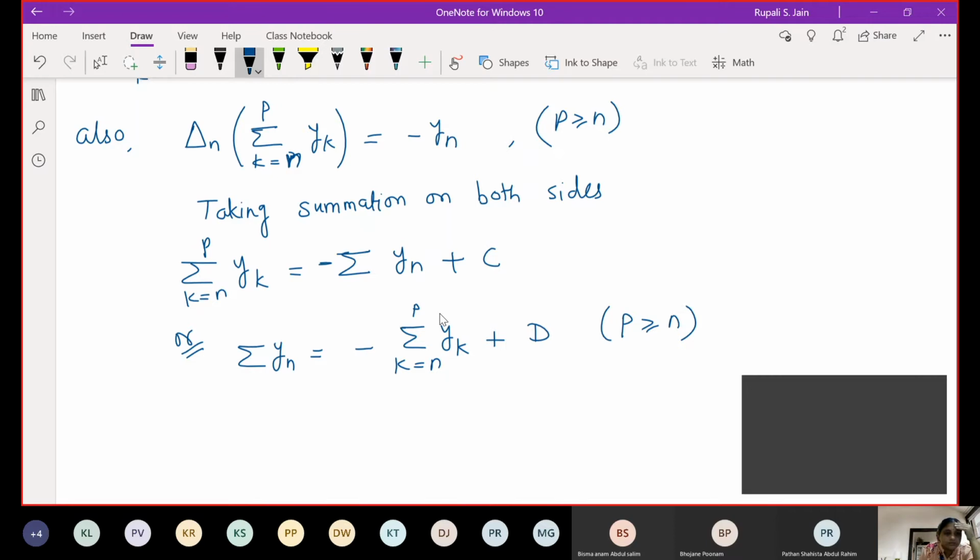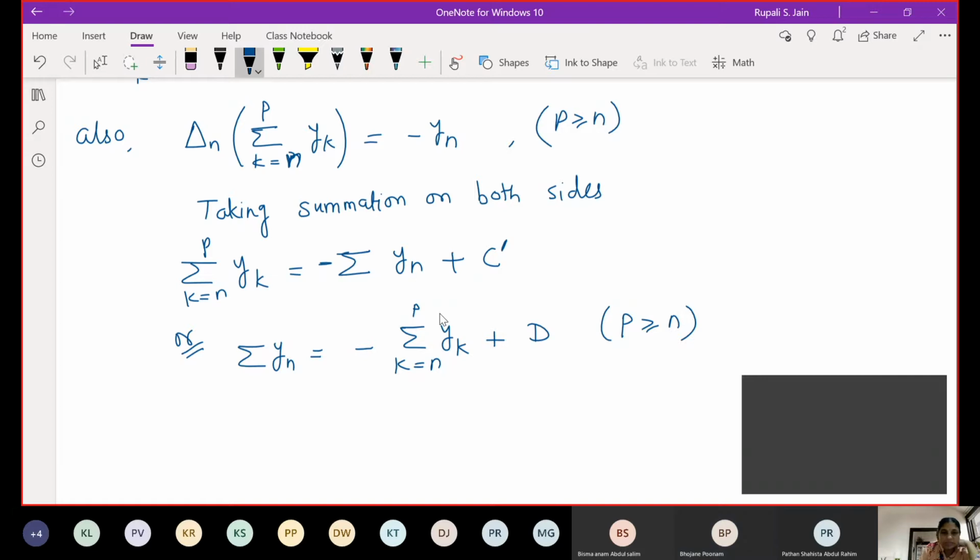How have I written this? This also can be written like this: the summation yn minus, I have taken this side, minus yk, and plus that constant, since that is an arbitrary constant, I can write as plus d. Is that okay?